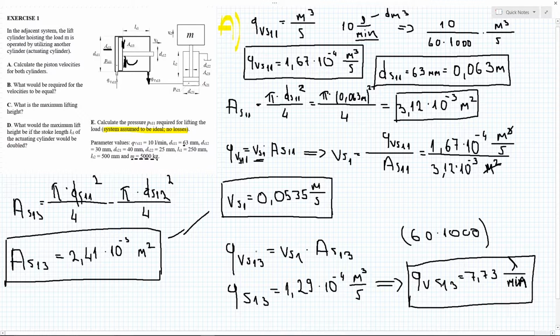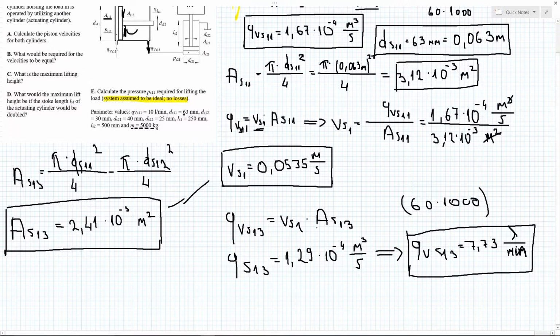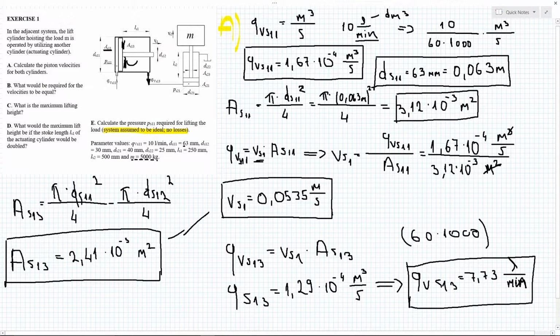Okay, great. Now we are going to calculate the piston velocity of hydraulic cylinder number 2. So now we know that this flow is going to enter here, and we just have to calculate the area of the piston number 2.